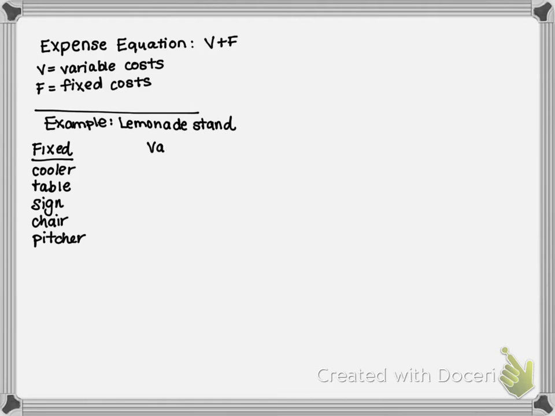And then you have your variable expenses, and your variable expenses are things that will increase depending on how much you sell of your product. So for instance, we might have ice, lemons, water, sugar, cups, and straws. So these are things that would increase, meaning that I'd have to spend more money on buying more lemons or more water or more sugar to make more lemonade, right?